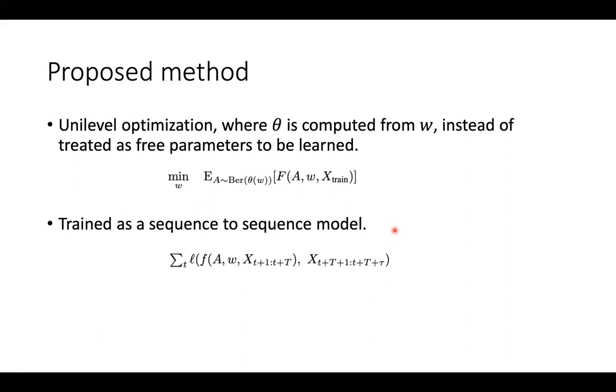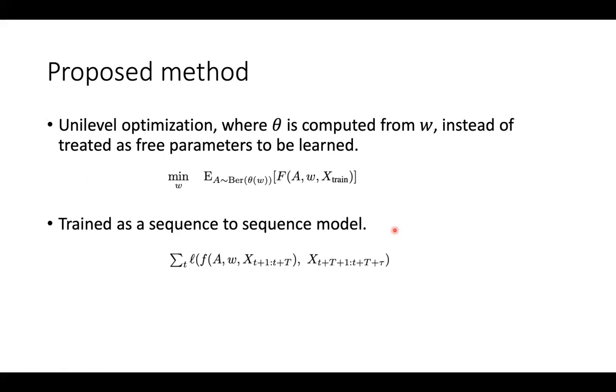Instead, theta is computed from W instead of being treated as free parameters to be learned. We will talk about the details of how we generate theta based on W, and that is basically the core design of this paper.